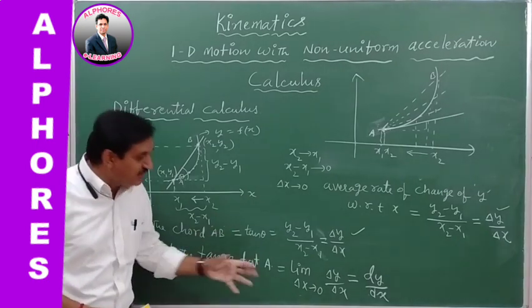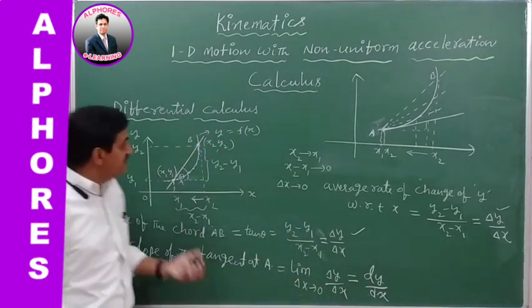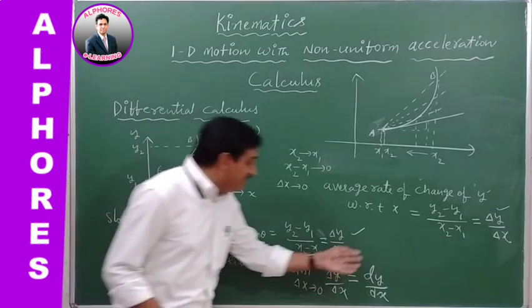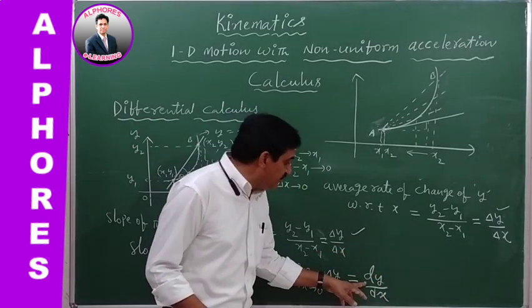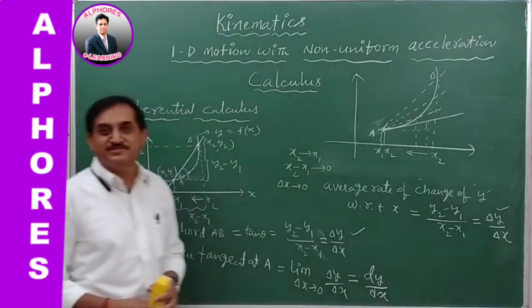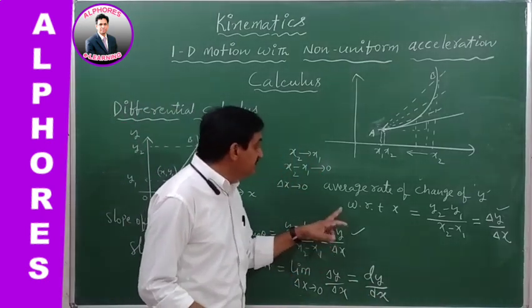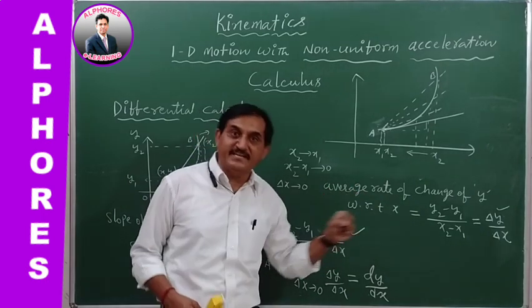This is exactly how we can understand differentiation by the geometry of this curve. So dy by dx is the differentiation of y with respect to x. Delta y by delta x is not differentiation; it is the average rate of change of y with respect to x.